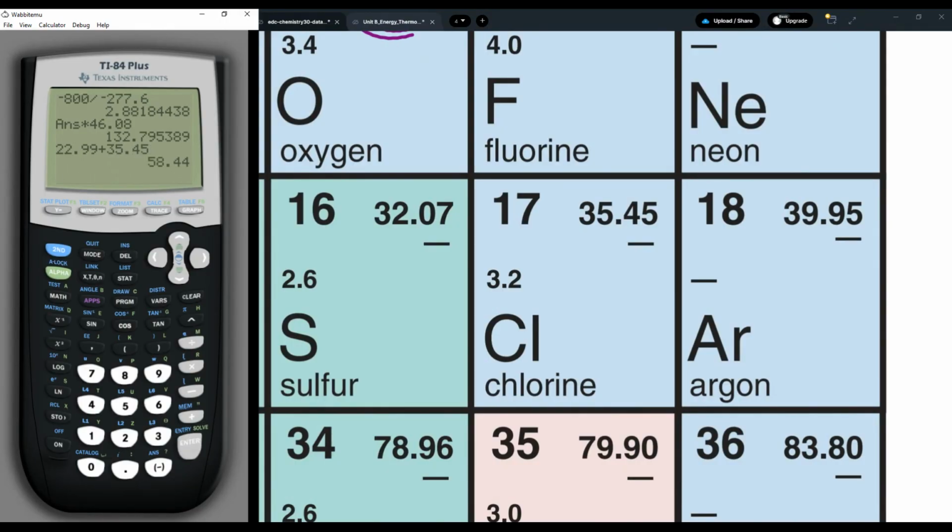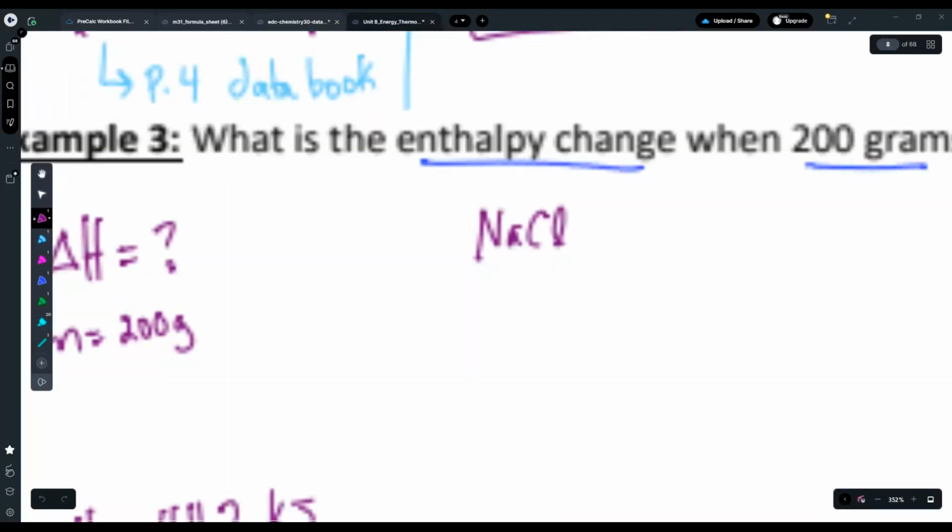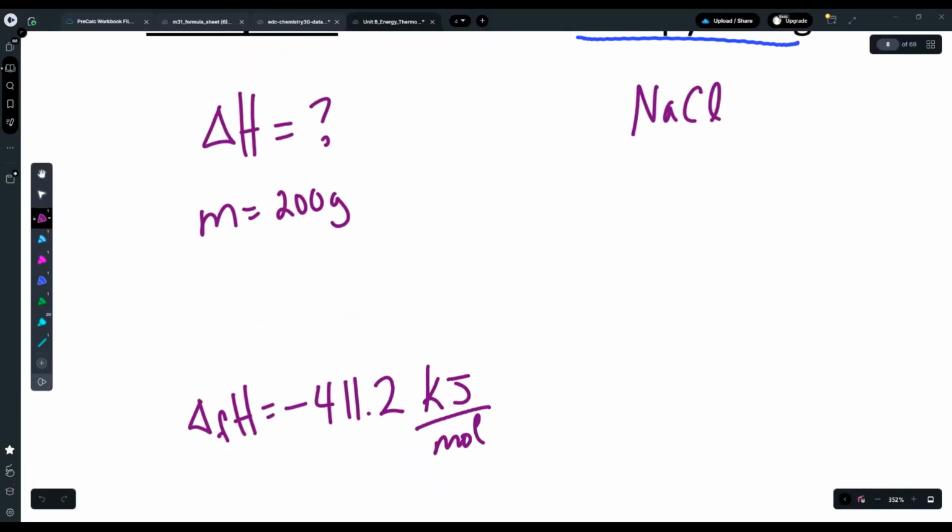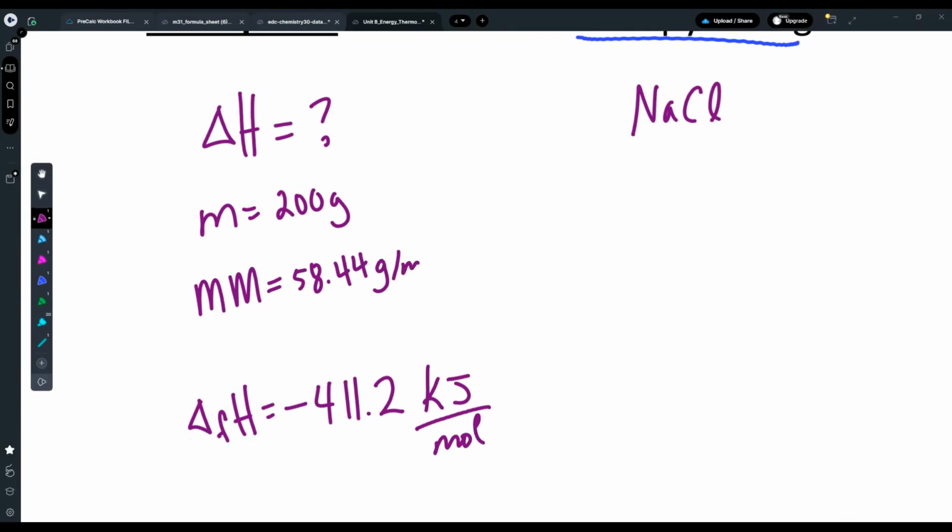So that's going to give us 58.44. So molar mass is 58.44 grams per mole.